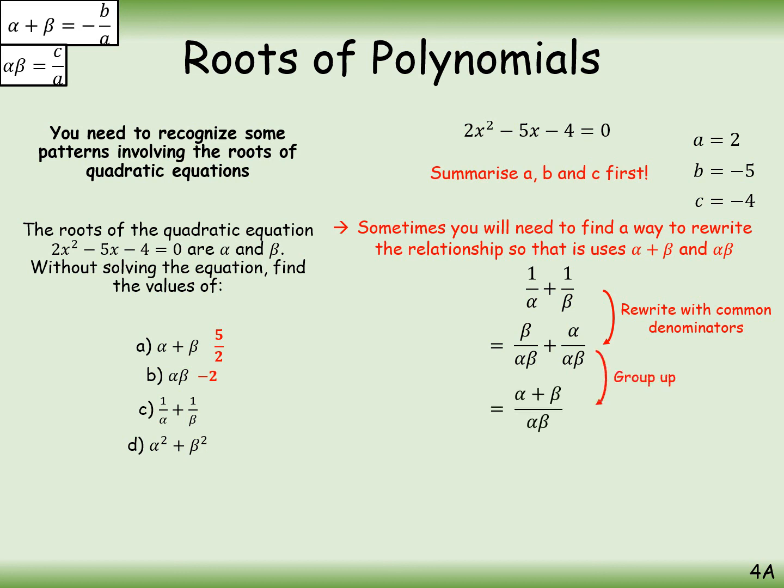Now if we group them, since we have a common denominator, we can say alpha plus beta all over alpha beta. We know what alpha plus beta is and alpha beta is, so if we substitute that in, 5 over 2 over minus 2, and we simplify this, we get minus 5 over 4.